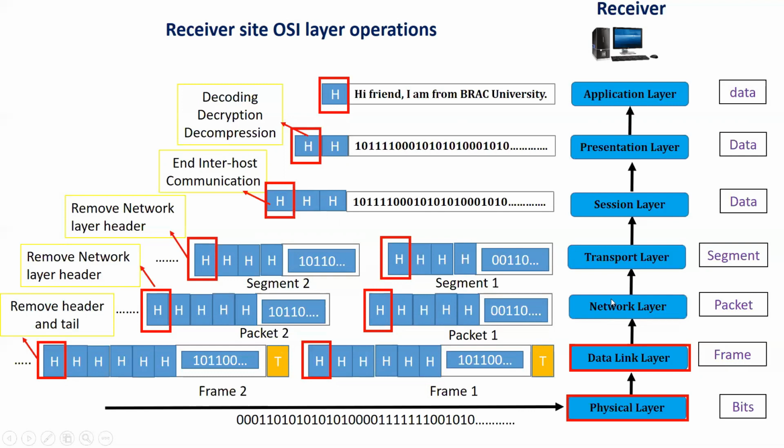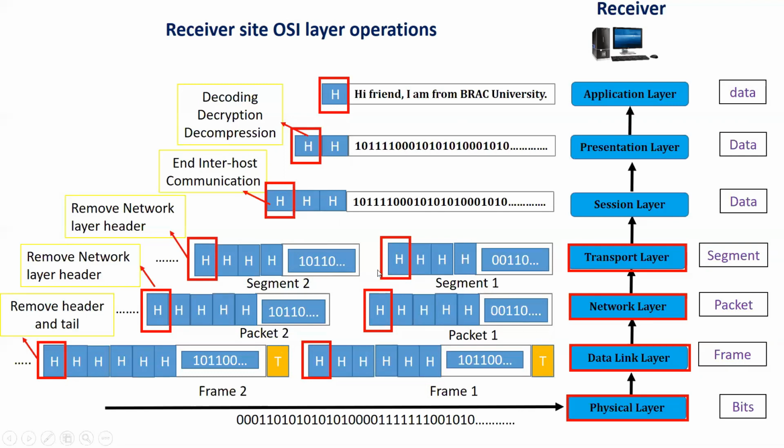The network layer is the next layer, which reads the source and destination IP address. If they are correct, it reads the routes and processes the packets to send to the next layer, which is the transport layer. The transport layer then reads the port number from its header and forwards the data it has received to the respective process.